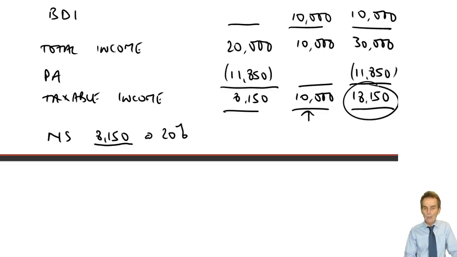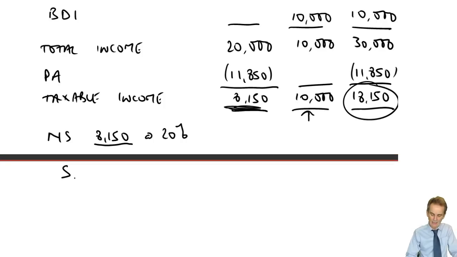Does it? No, it doesn't. What you've got, 8,150 exceeds 5,000, so the 0% starting rate band on your savings income is not available. That figure there would have to be less than £5,000 for any 0% starting rate band to be available. It's not available here. So we've taxed the non-savings, we now move through to our savings income.